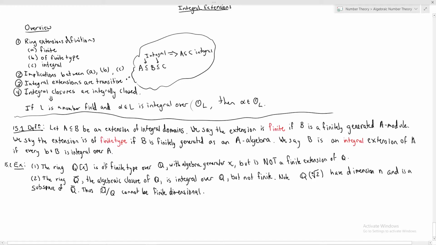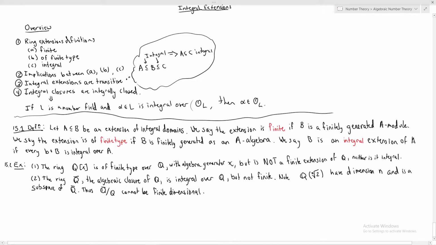This one is also an example. Q adjoin X is not an integral extension of Q. So let's see here. Neither is it integral. It's because X is not the root of any polynomial over Q. I'd have to think about this a little bit more.